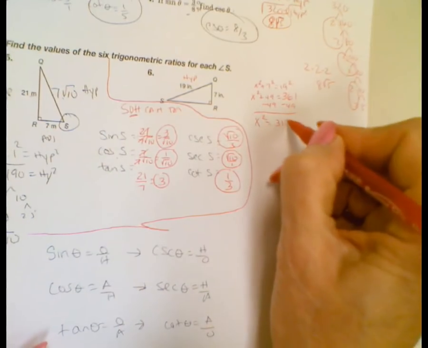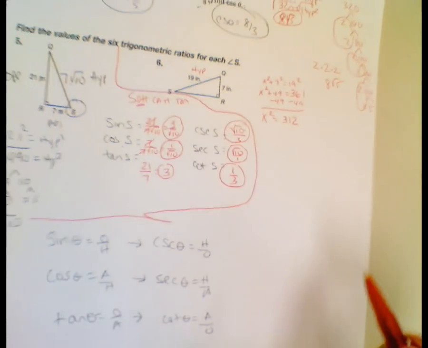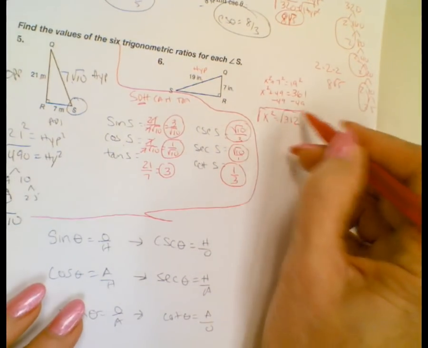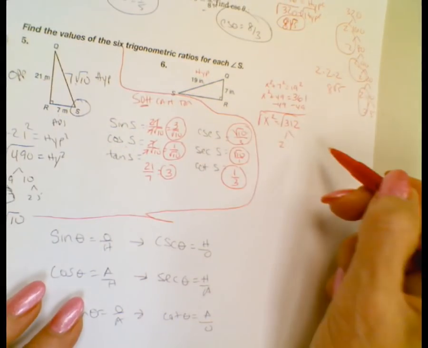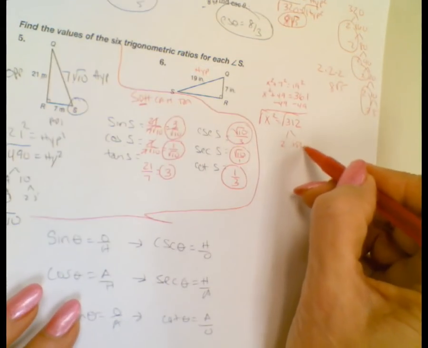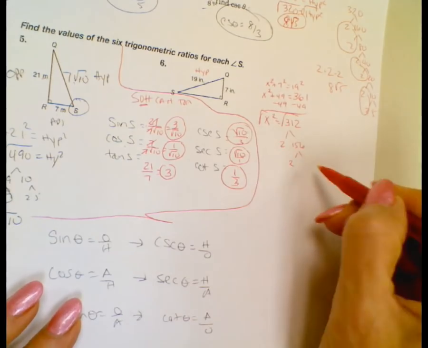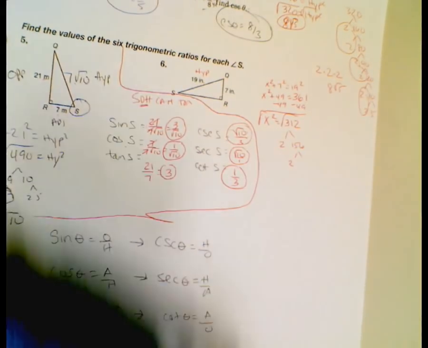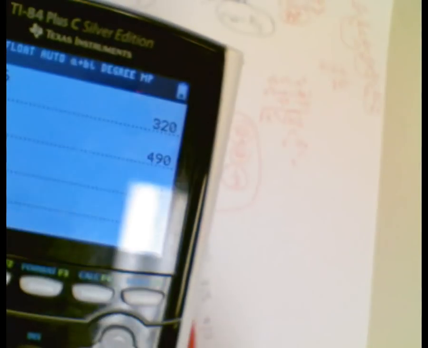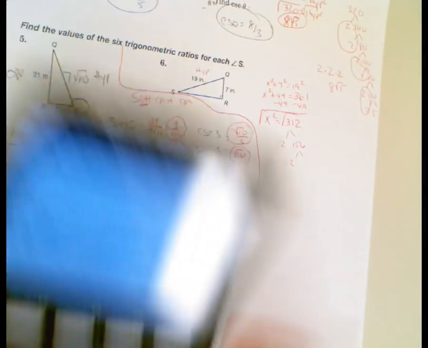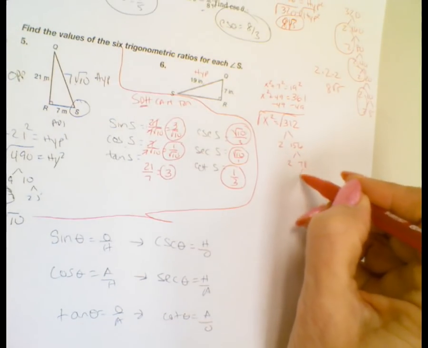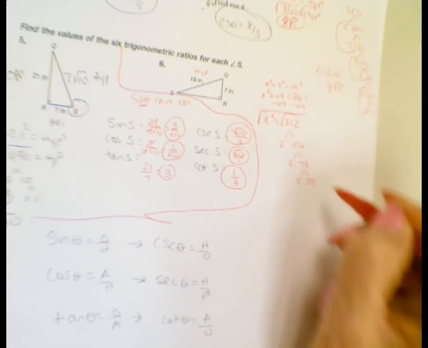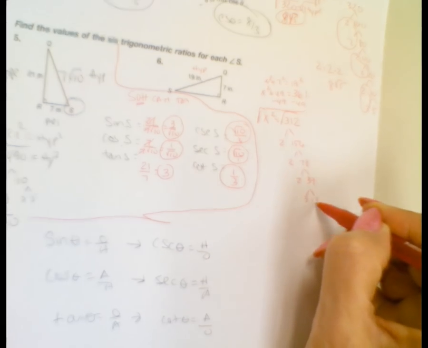312. God, nothing's been coming out pretty. Sorry about this. So 312 is 2 and 156. 156 divided by 2 is 78. 78 is 2 and 39. 39 is 3 and 13.